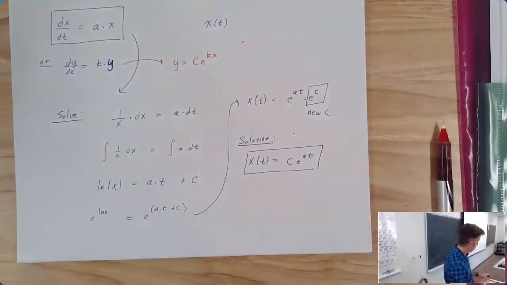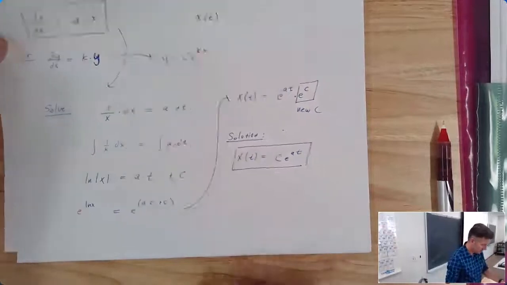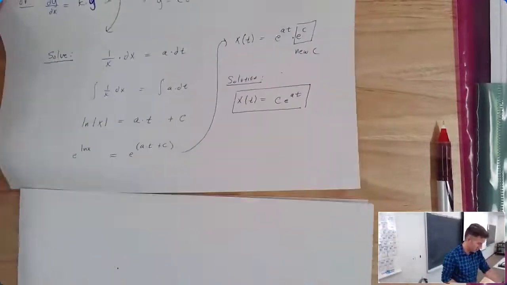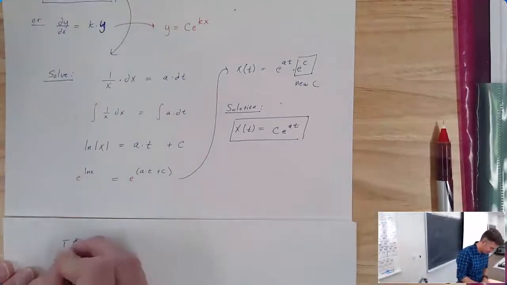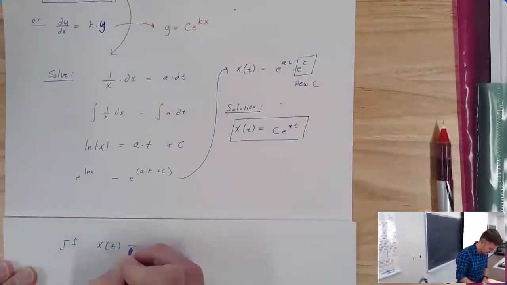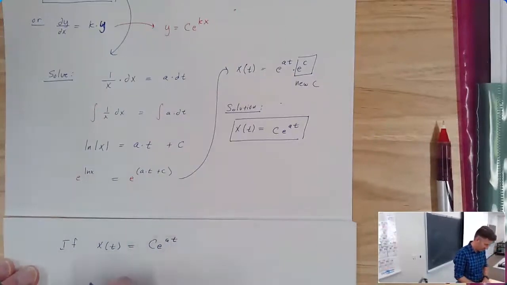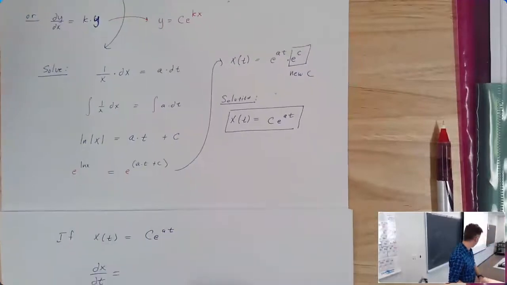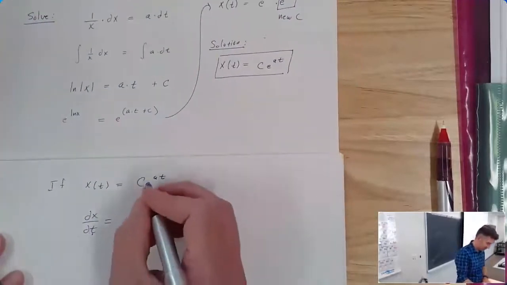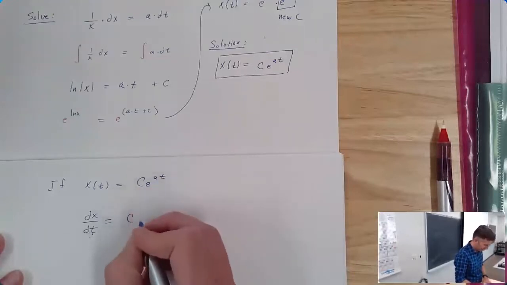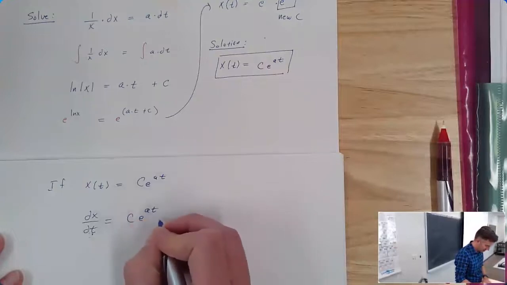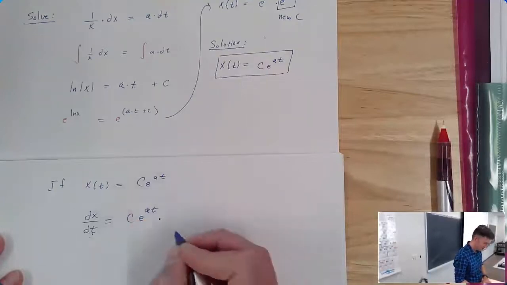And I should point out, this really does work. If you actually take your solution to your differential equation and try to differentiate it, well, if we take x of t equal to c e to the at, and we find the derivative, dx dt is equal to c times the derivative of e to the stuff, which is e to the stuff times the derivative of the stuff.